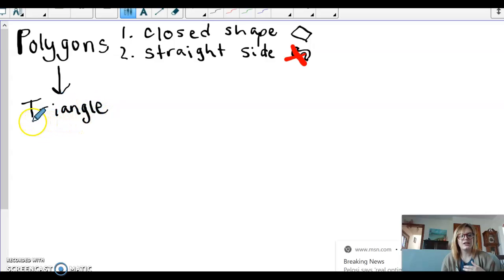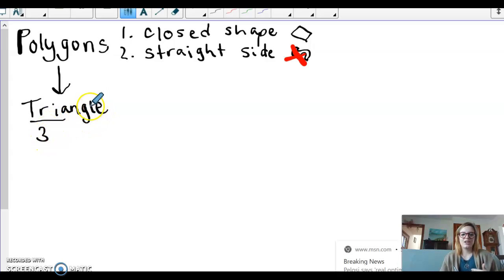And triangle, actually tri is an old word meaning three. So 3 angles. And I will post another video going into angles, but if this seems tricky to you, don't worry about that. Just focus on what we see here. If you'd like a little extra information on angles, I will give that to you as well.